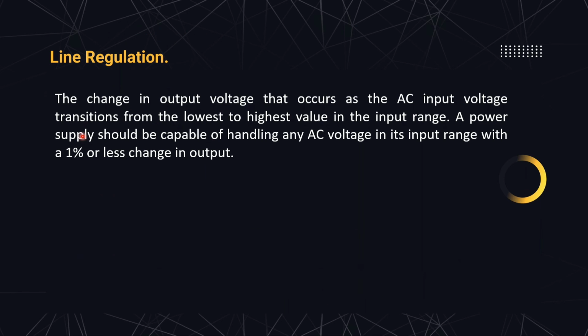Next, line regulation. The change in output voltage that occurs as the AC input voltage transitions from the lowest to highest value in the input range. A power supply should be capable of handling any AC voltage in its input range with 1% or less change in output.